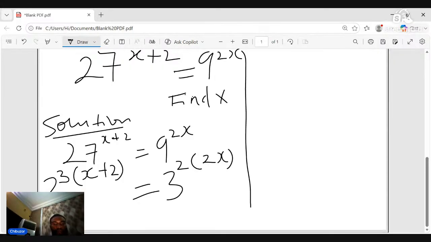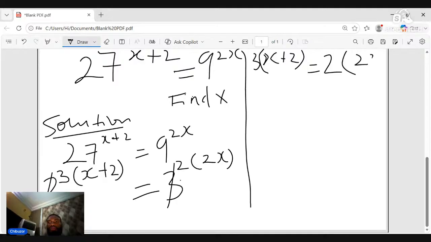So since we have it as the common base now, we cancel out 3 and 3. Having cancelled it out, we are left with 3 in bracket x plus 2 is equal to 2 in bracket 2x.